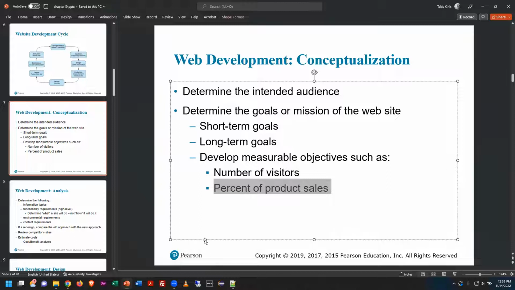So what I think astounds a lot of people is that the percent of product sales relative to the number of viewers of a website is measured in single-digit percentages. For example, you might get 100 people on the website today, but 2 of them might buy something. And that would be considered a success, right? If you get that many to sign in.